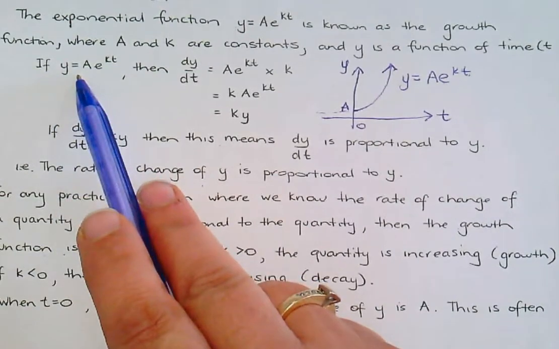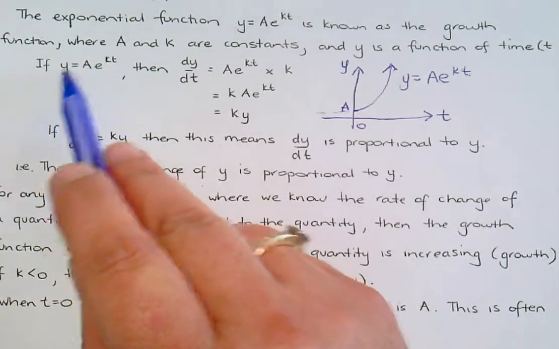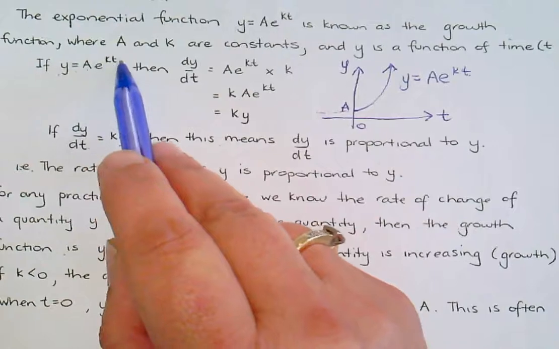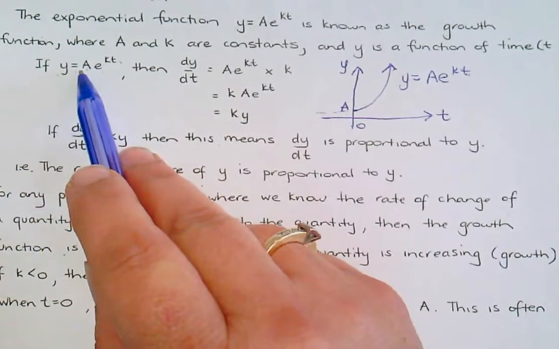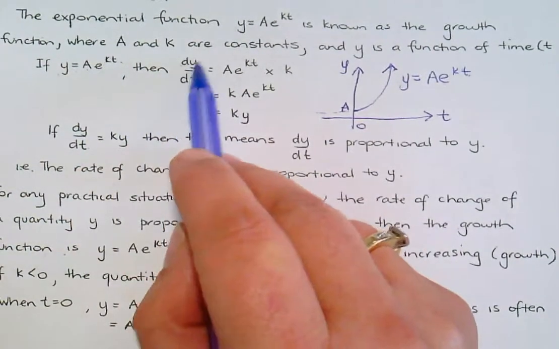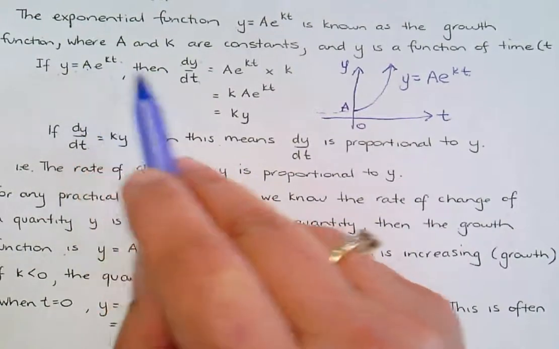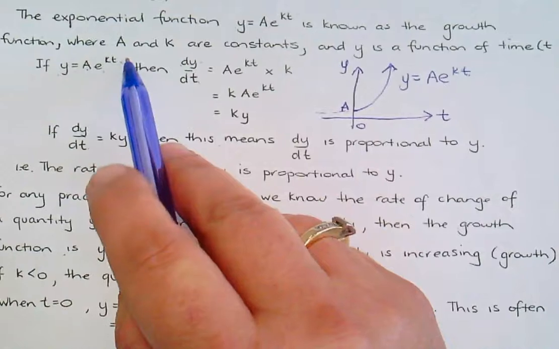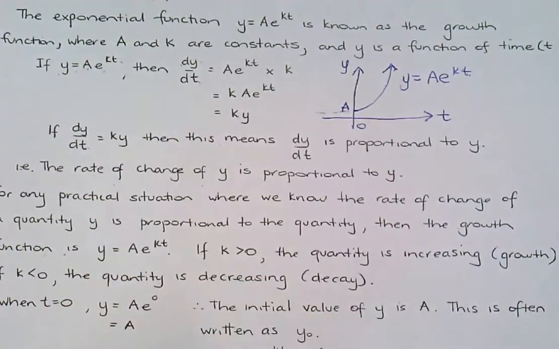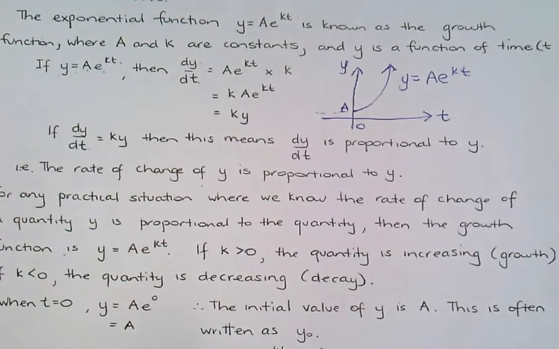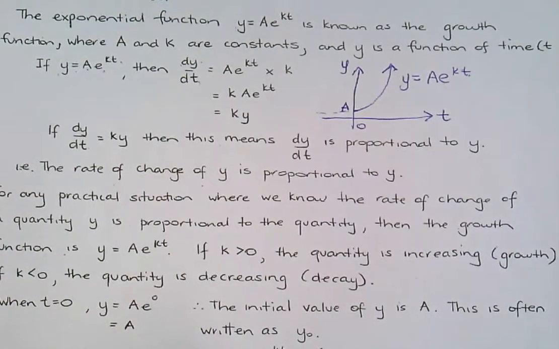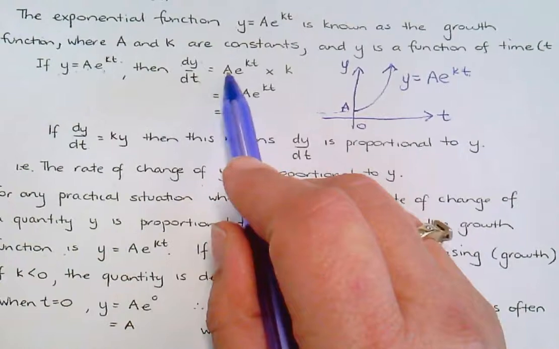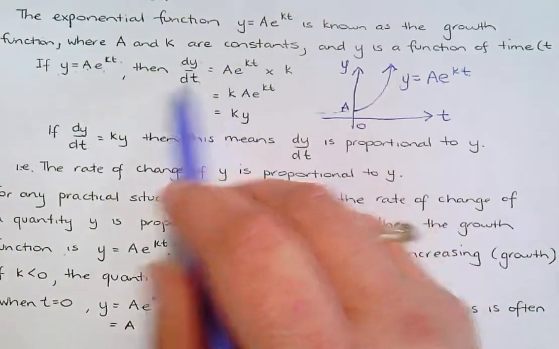Now, what we're going to do is differentiate. If y equals Ae to the kt, isn't the A the constant, so we don't differentiate that? Then dy/dt, we keep the A out the front. How do you differentiate e to the kt? Remember t now is like your x. It's like I'm differentiating e to the 2x. If you differentiate e to the 2x, what do you get? 2e to the 2x. So here I'm differentiating Ae to the kt.